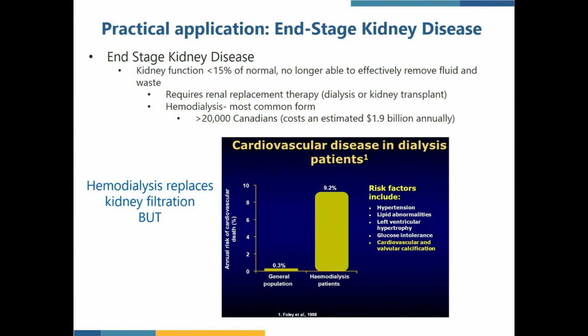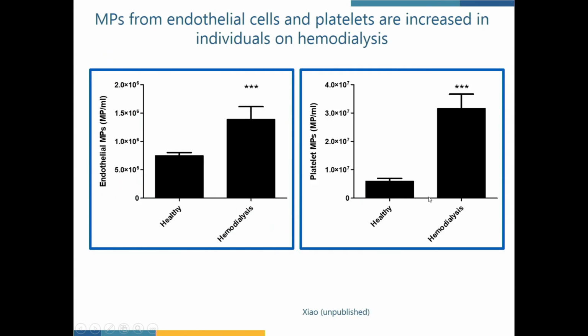And there's a number of reasons for this: hypertension, vascular calcification, but at the end of the day, it's all due to vascular stress, and so there isn't a normalization of vascular stress. And so with Marcel Ruzicka over at the Riverside Hospital, we looked at microparticles in individuals on hemodialysis. So we looked at platelet, leukocyte, erythrocyte, and endothelial, excuse me.